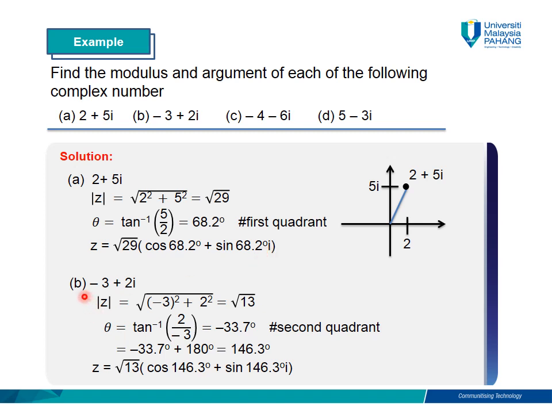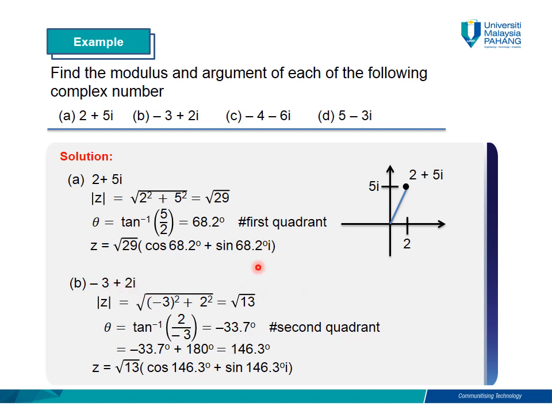Same for part b. As I mentioned before, you need to draw, then you will know whether this complex number is in the first, second, third or fourth quadrant. So for negative 3 plus 2i, what do you think, class?